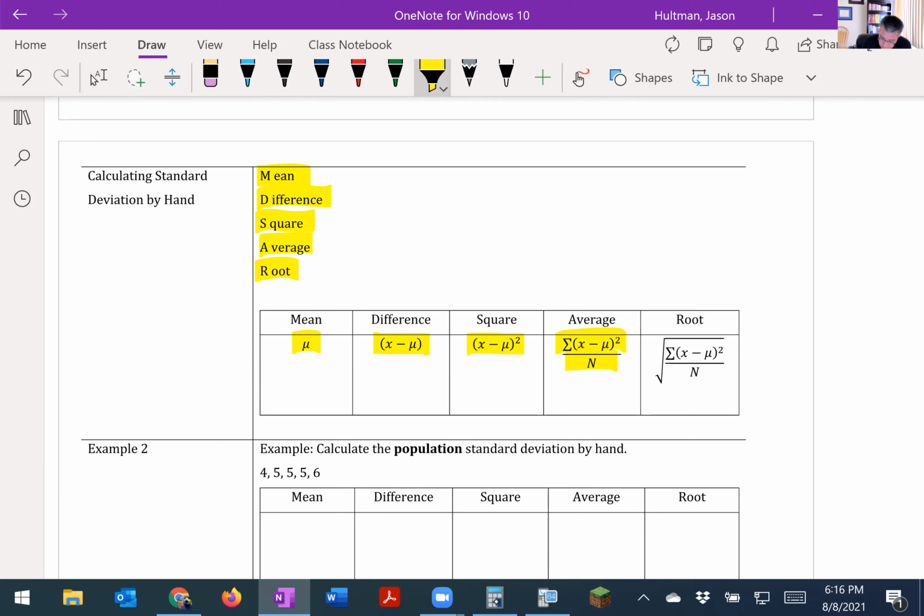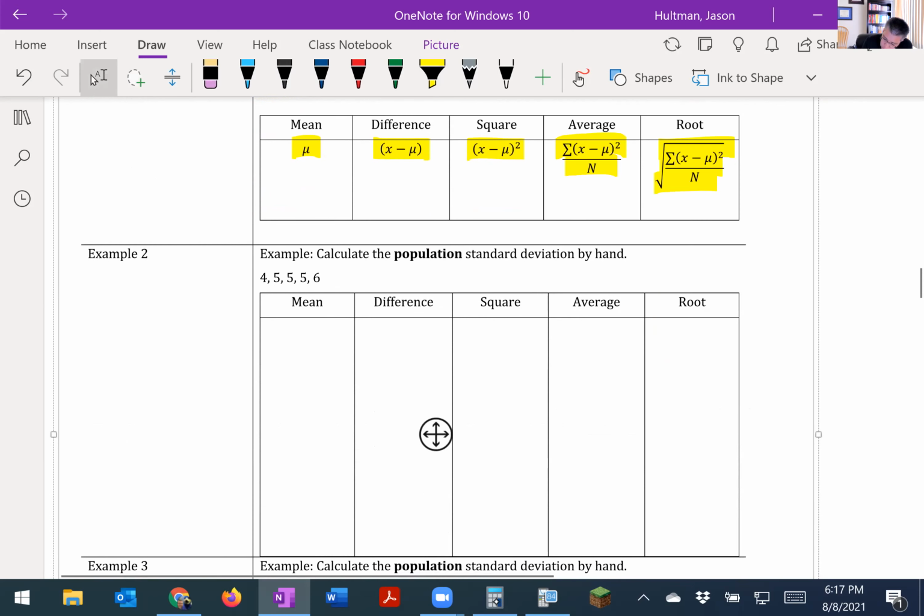That's if we have the population. This is for population standard deviation. We divide by n. If it was a sample, we would divide by n minus 1. And then we take the square root of the whole thing.